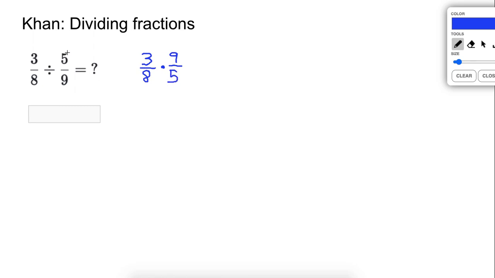So these two, what we call here, these are reciprocals of each other. And reciprocal just means a flipped fraction, but those are reciprocals.